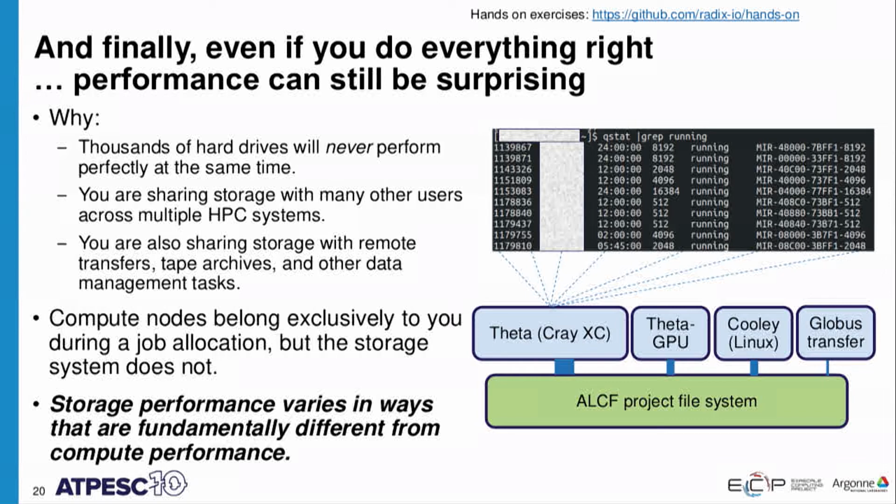If they're writing hundreds of terabytes while you're trying to write hundreds of terabytes, you can't both get all the bandwidth. Not only that, there's data transfers going on, there's archival going on, there's administrative things going on. So you just really have no idea what's going on on a storage system while you're trying to accomplish your work on there. And so, in a way that's totally different from your compute resources, storage resources change performance over time.